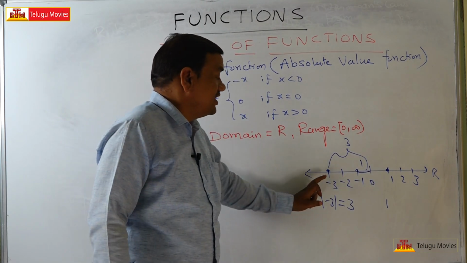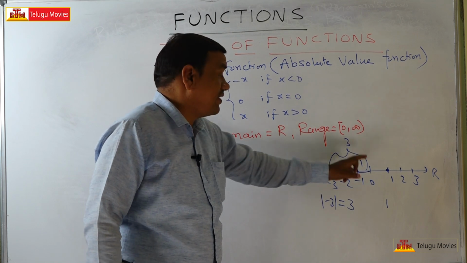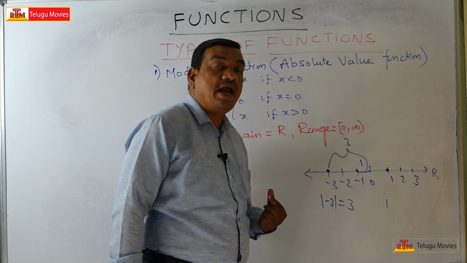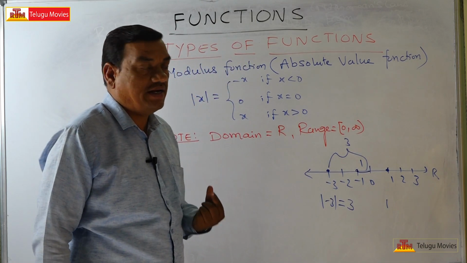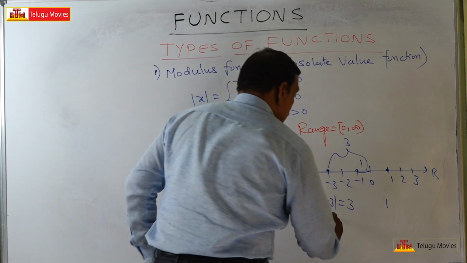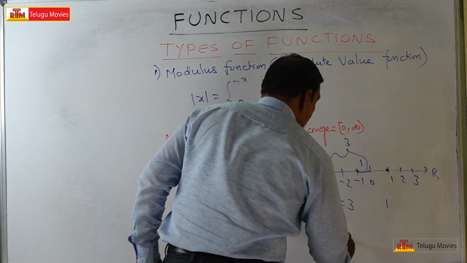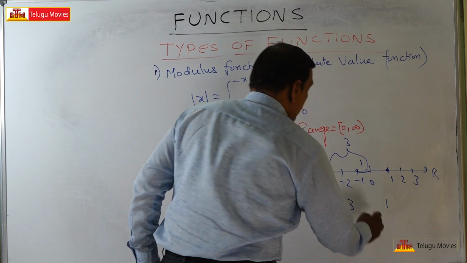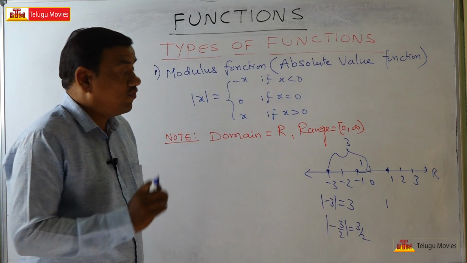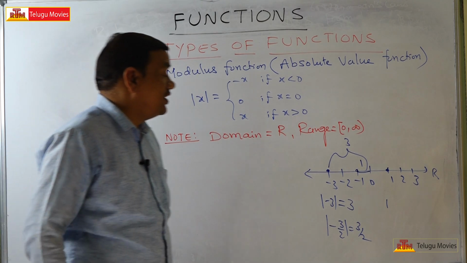The distance of -3 from 0 is 3 units. That is denoted as modulus of -3 equal to 3. Similarly, modulus of -3/2 is 3/2, the distance of -3/2 from 0.